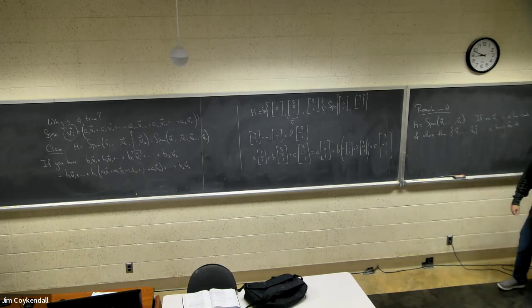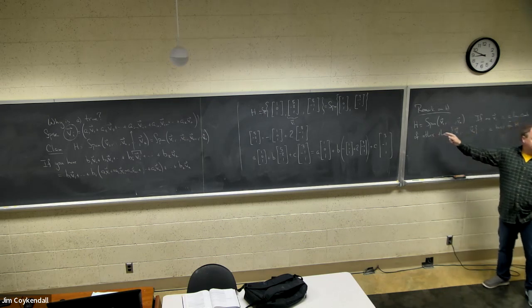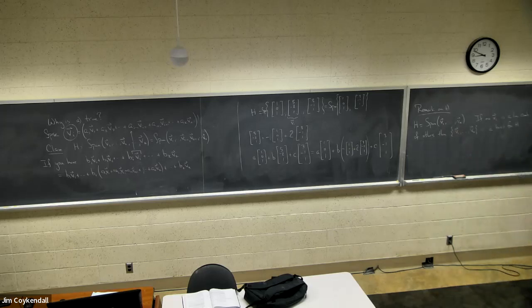Everybody okay with that? Because if no v_i is a linear combination of the others, that means this is a linearly independent set. And they span H by definition. I've just declared that H is a span of that. So there you go.